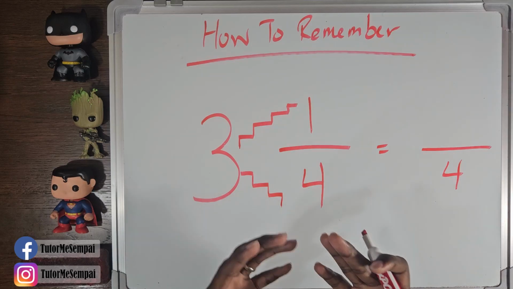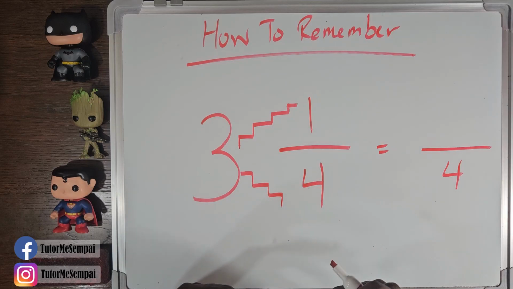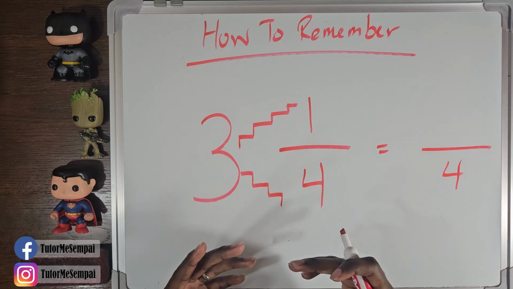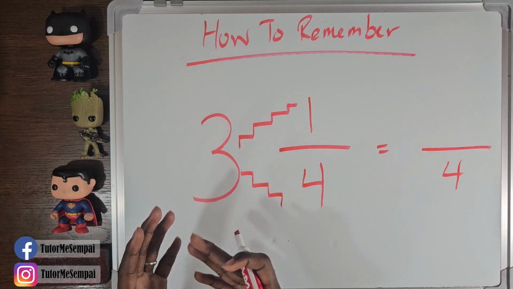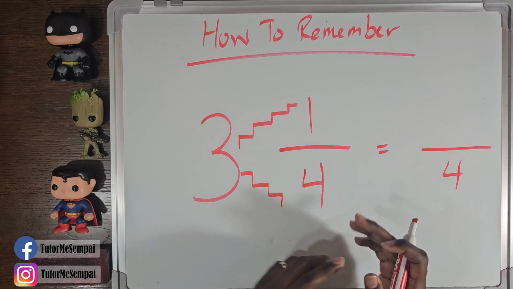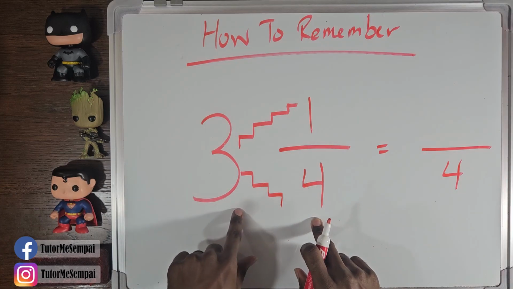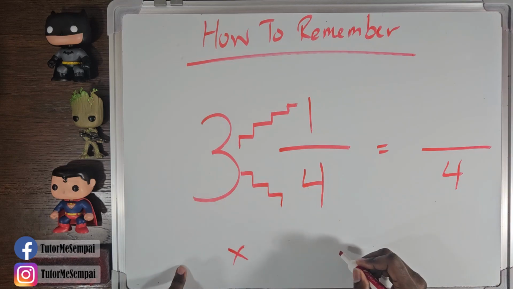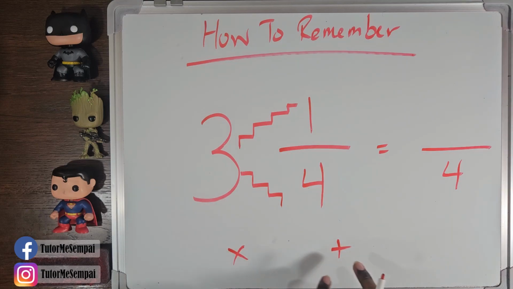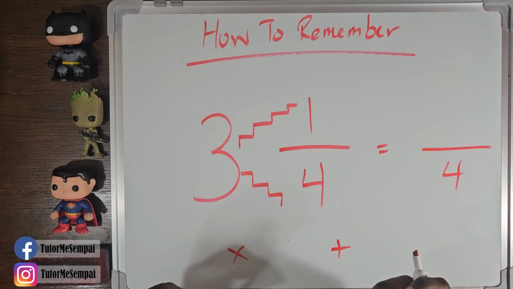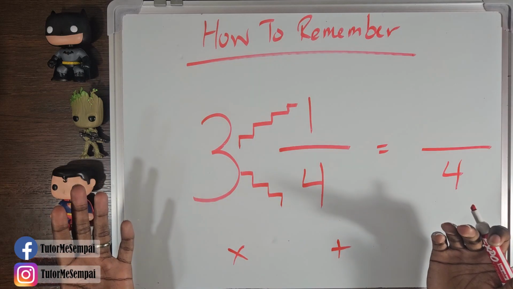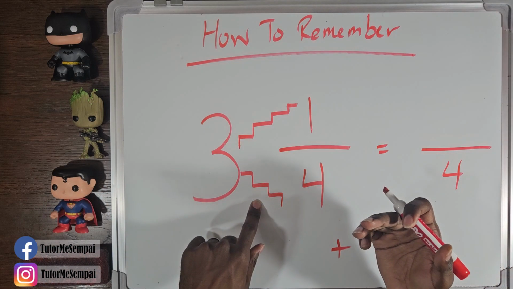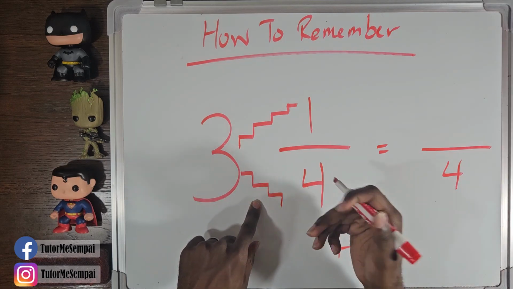So I may start off very fast, but if I run up enough stairs, I'm probably going to slow down a little bit. I'll still be going up the stairs, but it may not be as fast as when I first started. So if I'm going up the stairs here, and remember we have multiplication and addition. Which one is going to be increasing faster? If you multiply something or if you add something? Multiply. So if I'm going up the stairs, I'm going to be faster when I first start off.